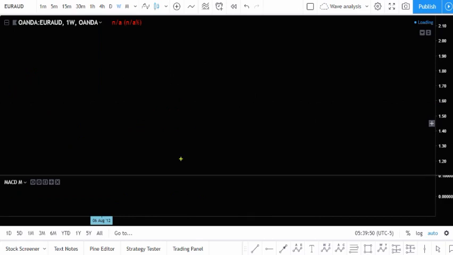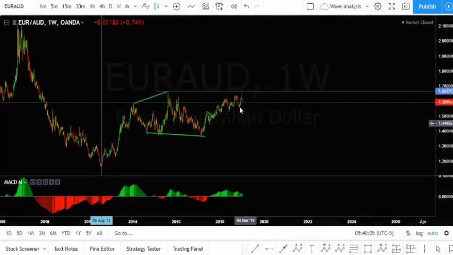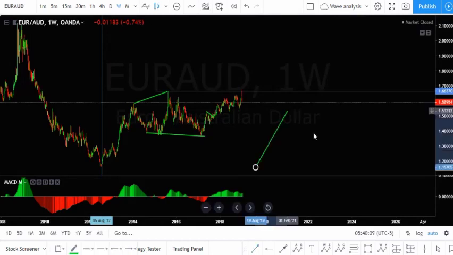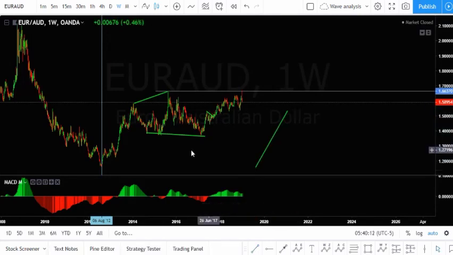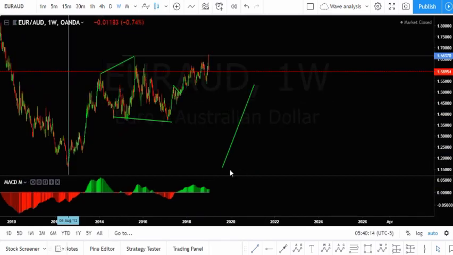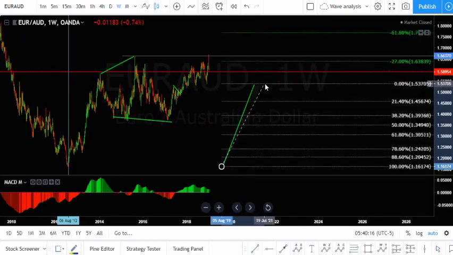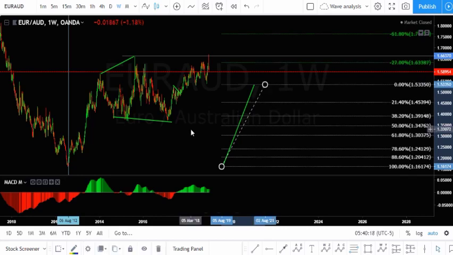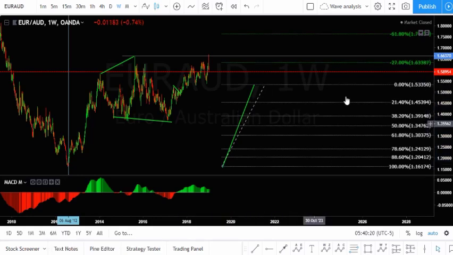But what I love about stocks is, and you guys can go test this theory for yourself, let's say you get your first impulse move, your correction, and then you pull your Fibonacci tool for your profit target.